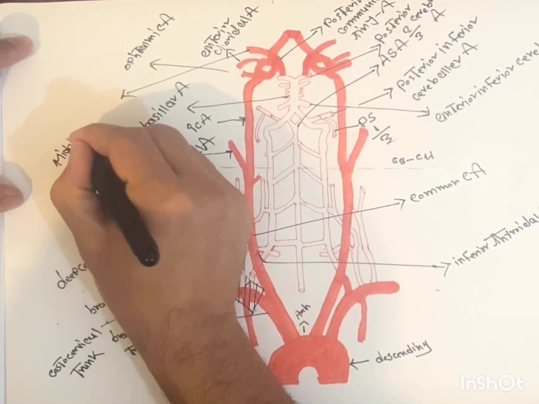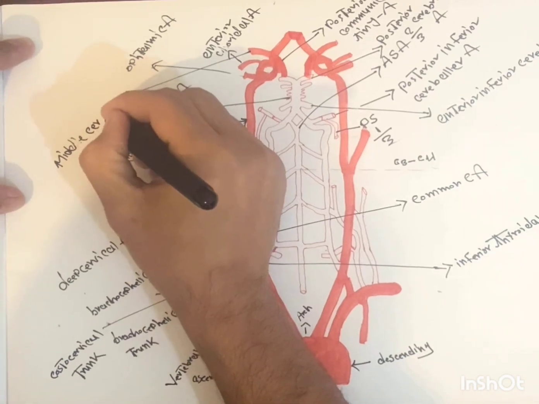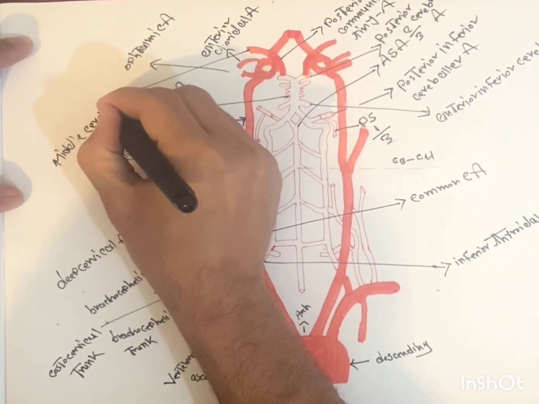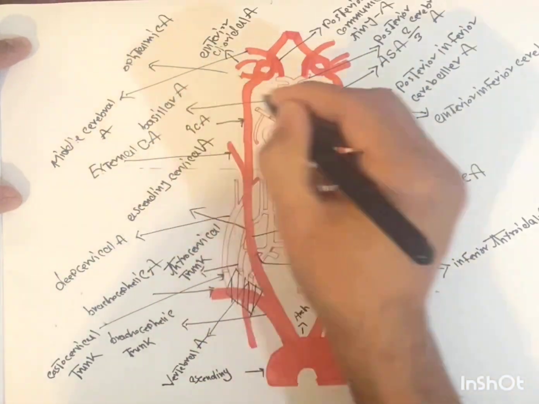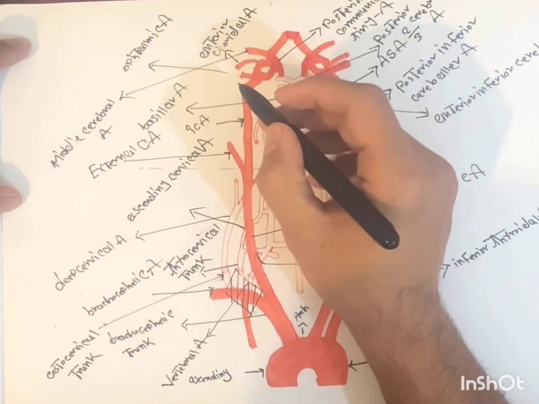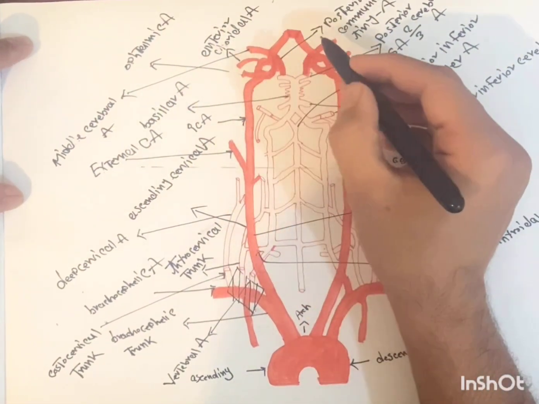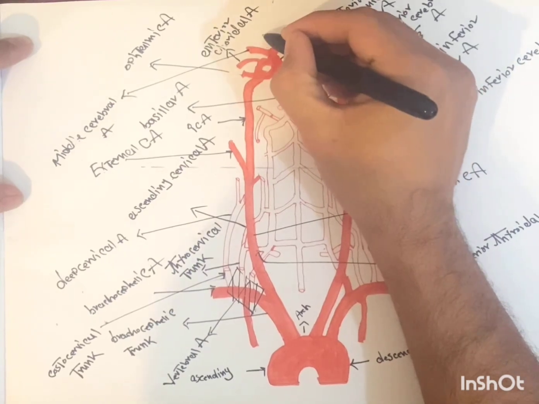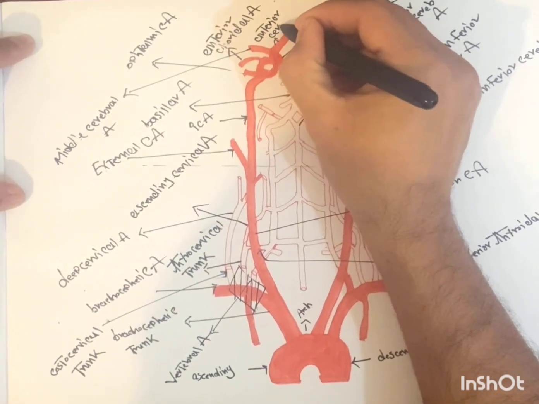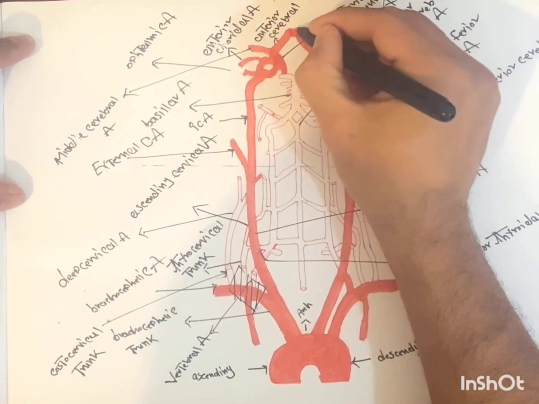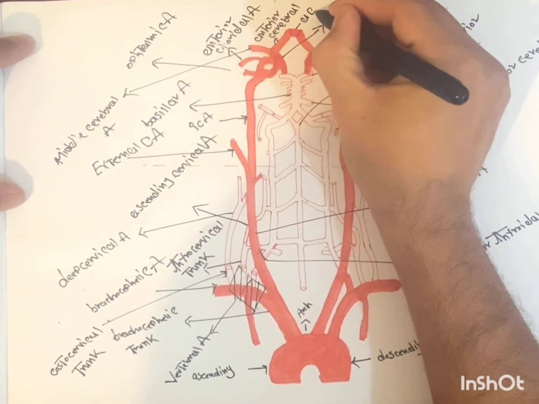Then it also gives one artery here called the anterior cerebral artery, and you have here the anterior communicating artery.